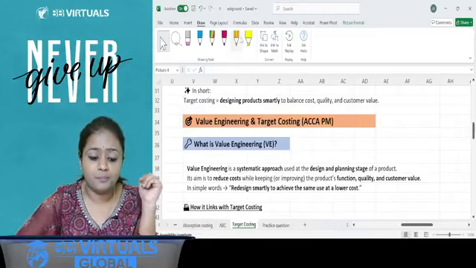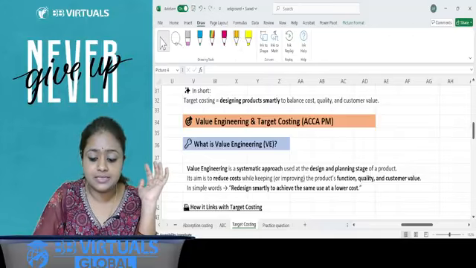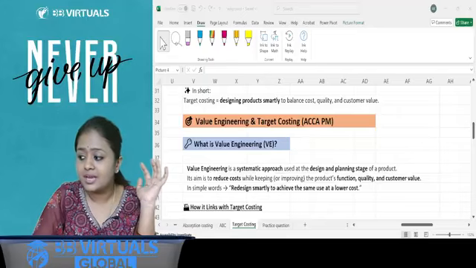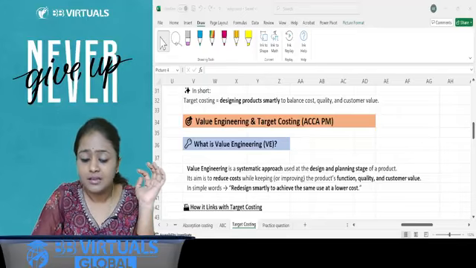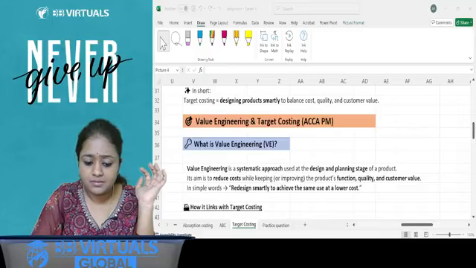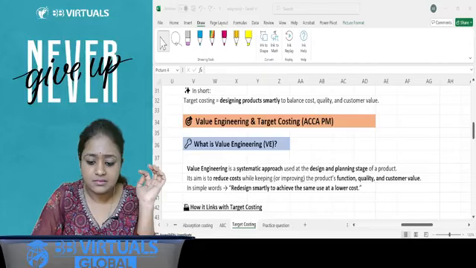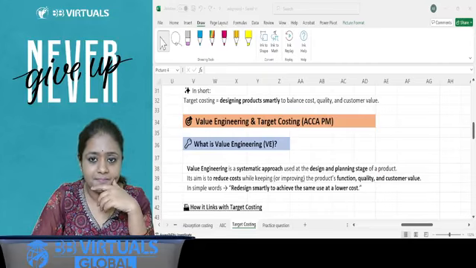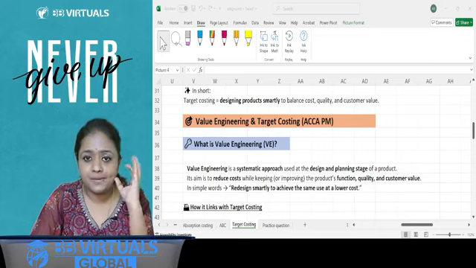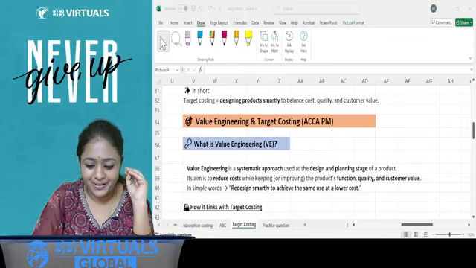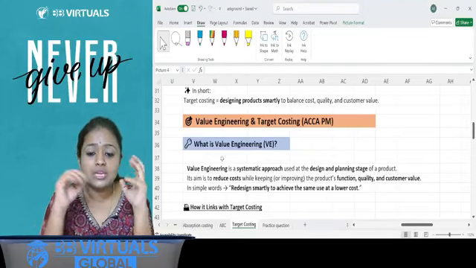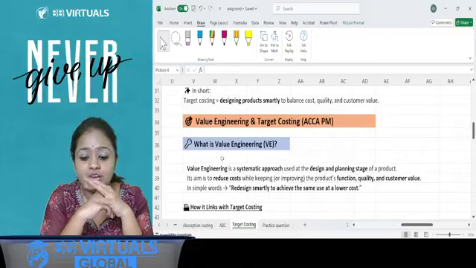Okay, and the purpose is, sorry, I think I went on mute mode. Okay, now quickly. So now here, what is the purpose of value engineering?